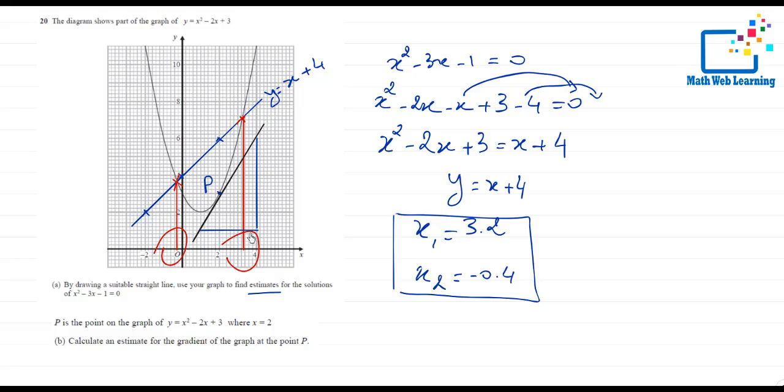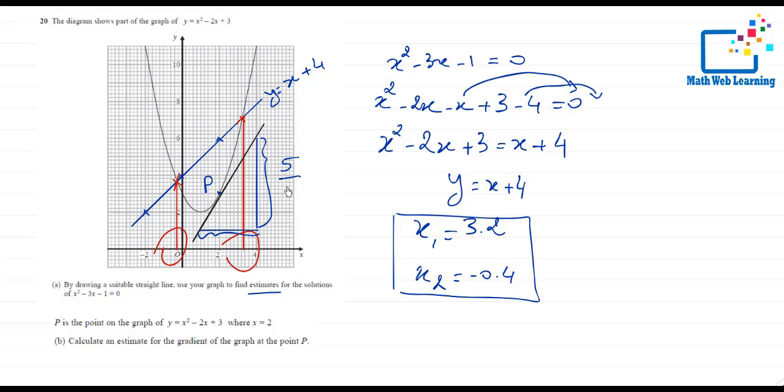Then you do the right angle triangle method to work out the gradient. So you calculate the change in y, which is this one. In this case it goes from 1, because that value there is 1, to 6. So that is a change of 5, and you divide it by the change in x, so it goes from 1 to 4.